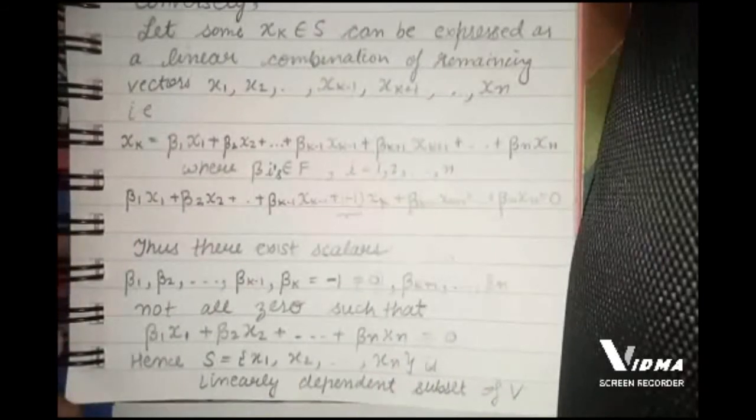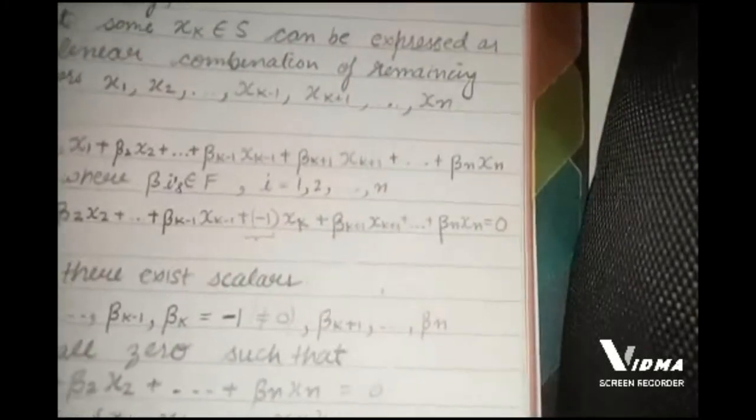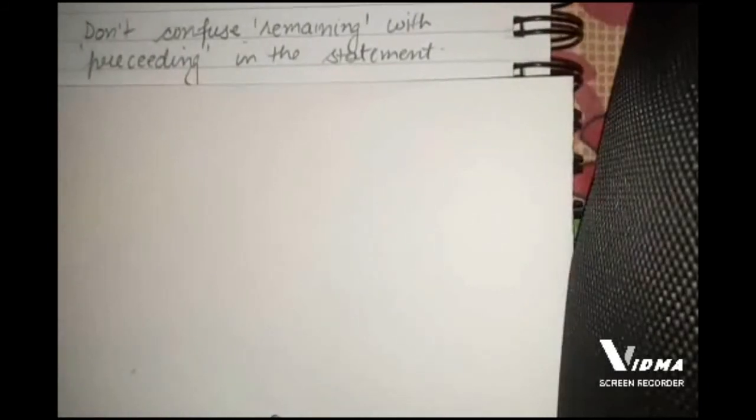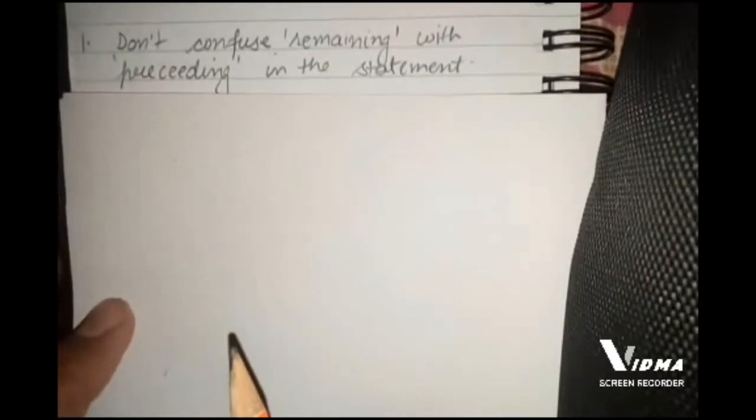Now we have some points that we should discuss. The first point that I want to discuss with you is this one: don't confuse remaining with preceding in the statement.